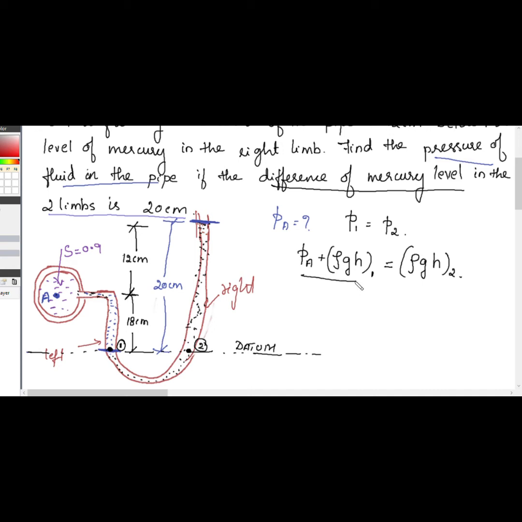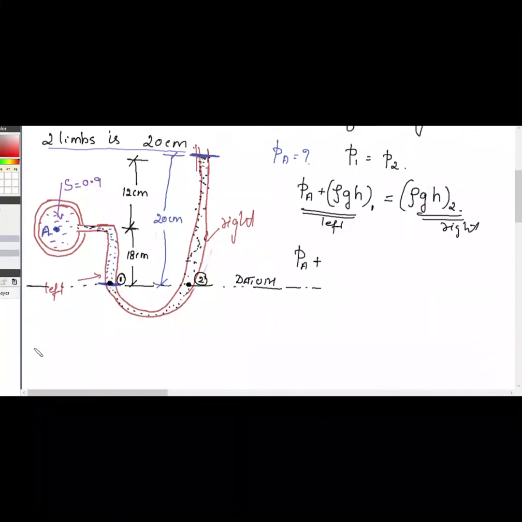Now, see, this is our left limb and this is our right limb. Now, PA, the pressure intensity at A, plus rho. What is the density? See here, it is given that the specific gravity of the fluid is 0.9.